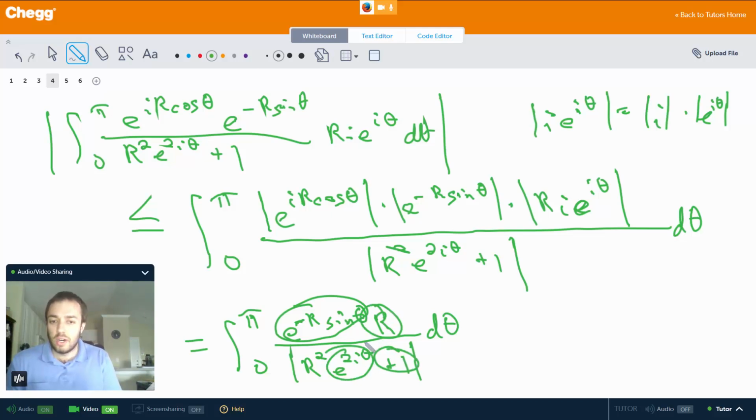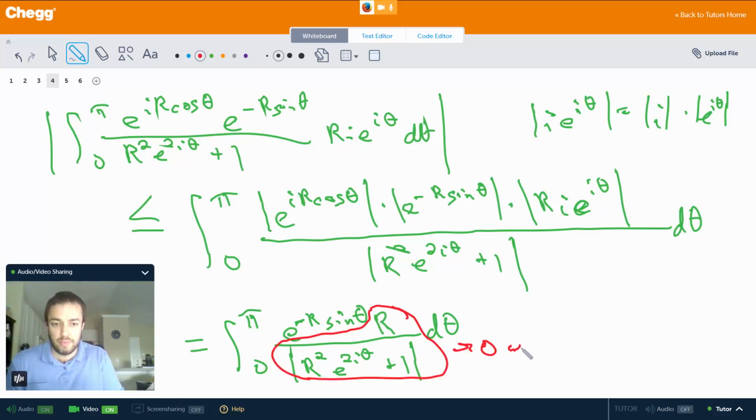Here we have an r, and here we have an r squared. So just think about what happens with r over r squared as r goes to infinity. Well, r over r squared behaves like 1 over r, and this goes to 0 as r goes to infinity, right? So all of this stuff right here, that I'm about to circle in red, is actually all going to go to 0 as r goes to infinity.